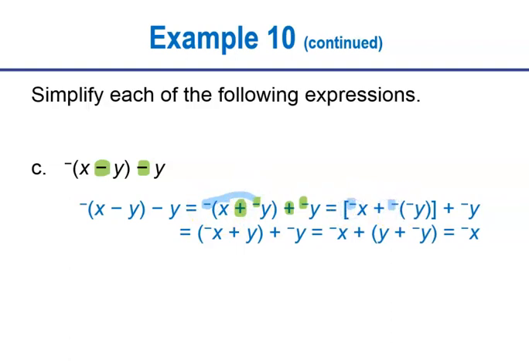Now what we know is that two negatives make a positive right here, so these two negatives here turn into plus y. They regrouped this time. Sometimes they do, sometimes they don't. So they took the negative x plus y and they grouped together these two instead. And those cancel and you get negative x, just like we got.